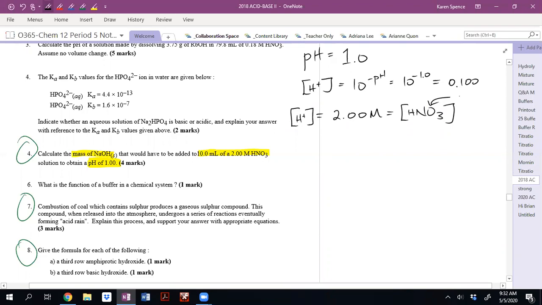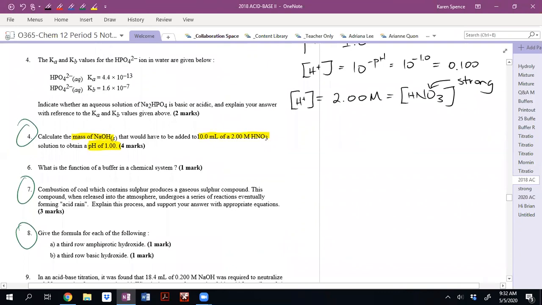It is strong. Okay? So we're going to need to take it all the way from 2.0 down to 0.1. I can see a couple ways of doing this actually. So my change in hydrogen ion concentration is, oh, actually, nah, do I want to do that?